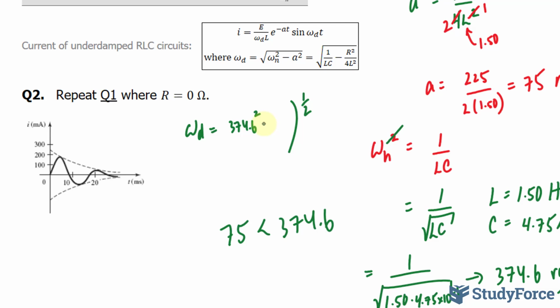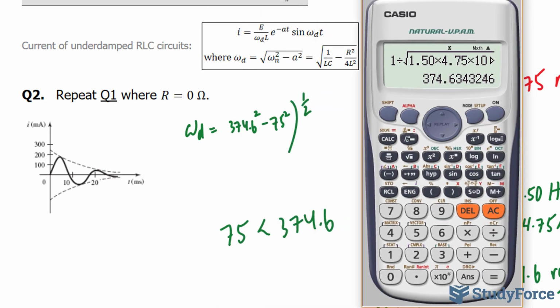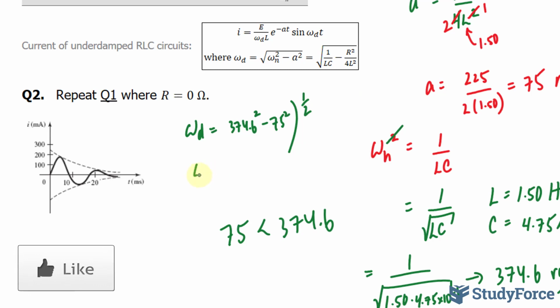So 374.6 to the power of 2 minus 75 to the power of 2. Let's use our calculator. We have this number to the power of 2 minus 75 squared. Square rooting this, we end up with 367. Omega d is 367.